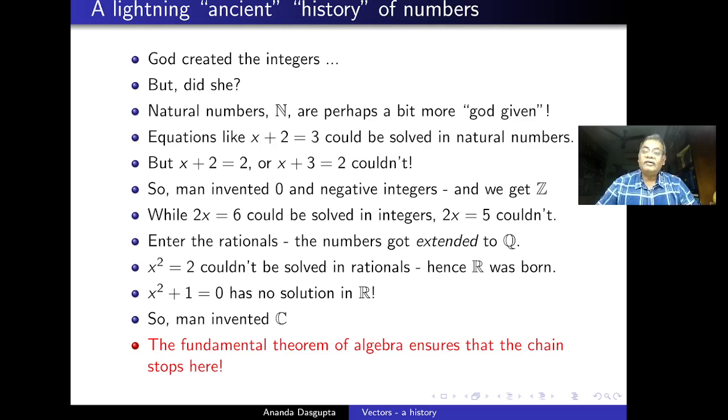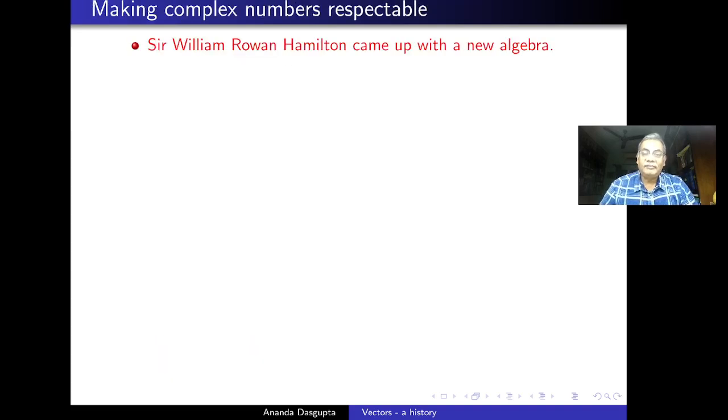Now, when complex numbers were first invented, lots of mathematicians had their doubts as to whether you should at all ascribe number-like properties to these things. The person who actually made complex numbers really respectable was Sir William Rowan Hamilton, one of the most famous mathematicians and physicists of his era.